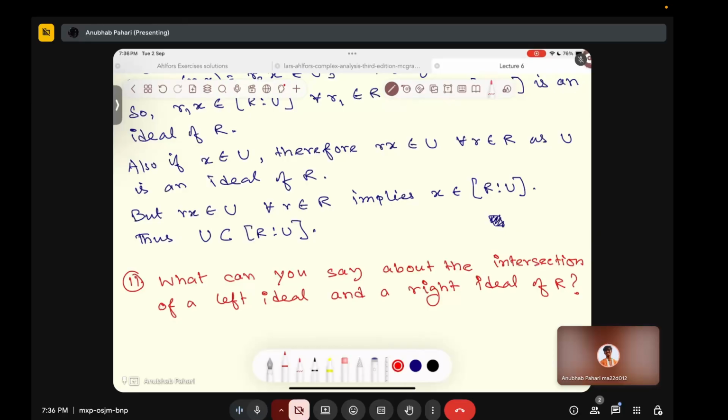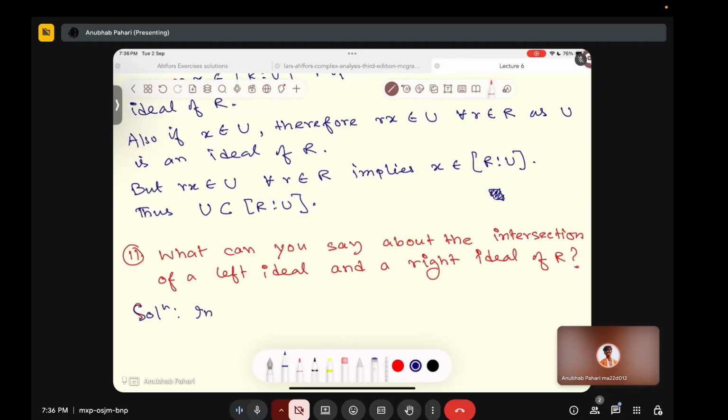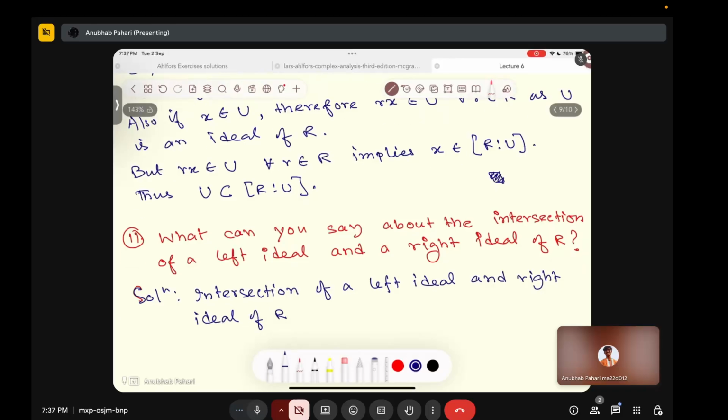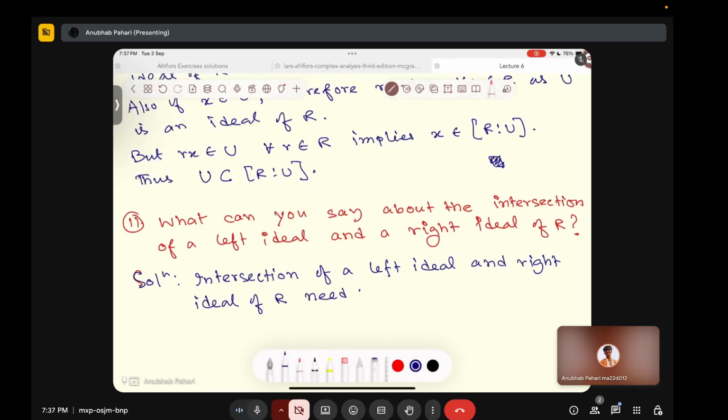Okay, let us solve this. Intersection of a left ideal and right ideal of R need not be a left ideal or a right ideal.